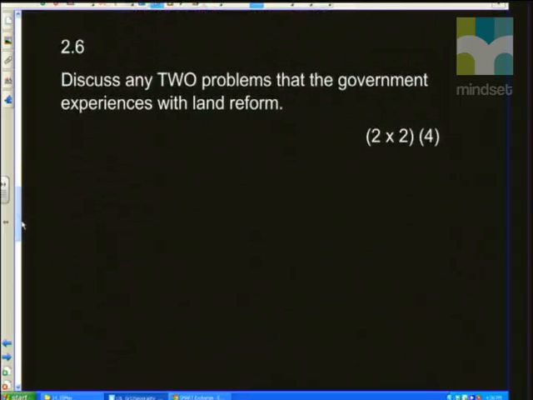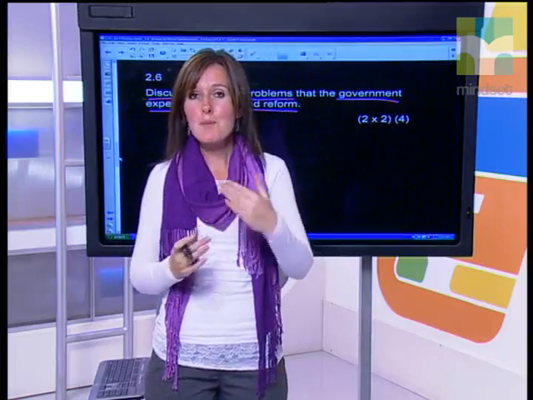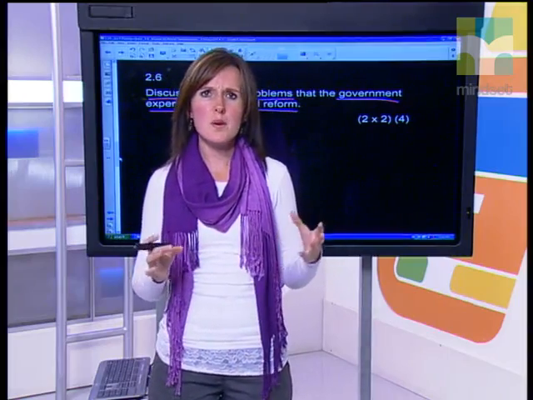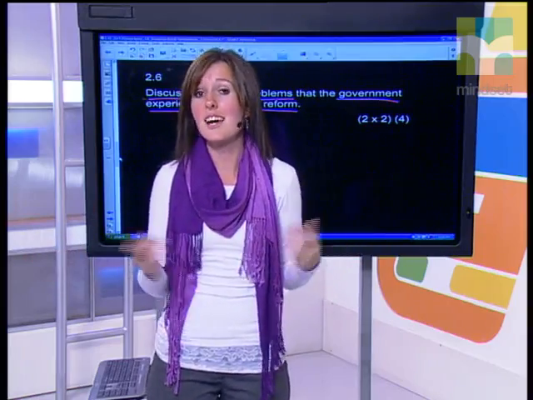You need to discuss any 2 problems that the government experiences or could experience with this process of land reform. So this idea is all good and well, but there are a number of issues that will arise in trying to implement this process. Obviously this process is taking time. 20 years on from the end of apartheid, we still have people struggling to gain access to land.